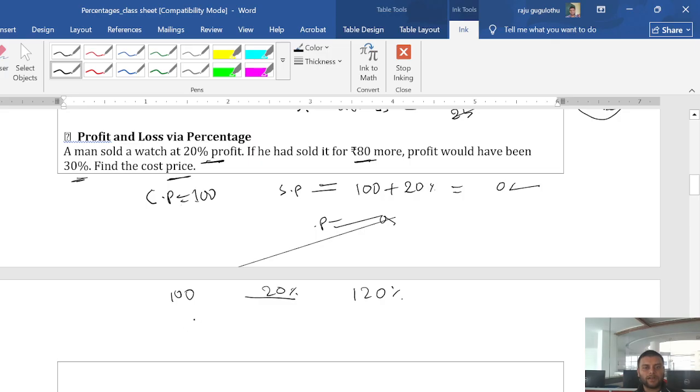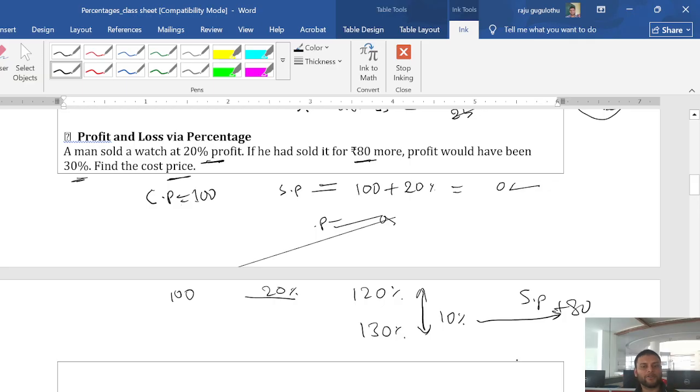Now if he had sold it for 80 more, then for that selling price, adding 80 rupees more, he is going to have 30% profit, that is 130%. From 120 to 130, there is a change of 10 percentage in profit, and that change is due to this 80 rupees addition to the selling price of the article.